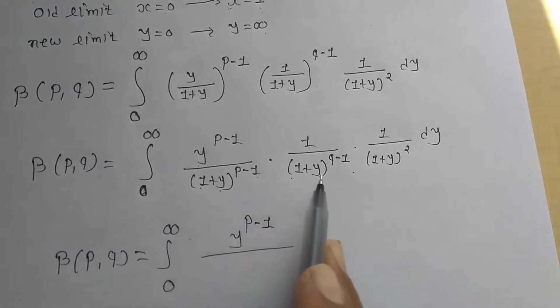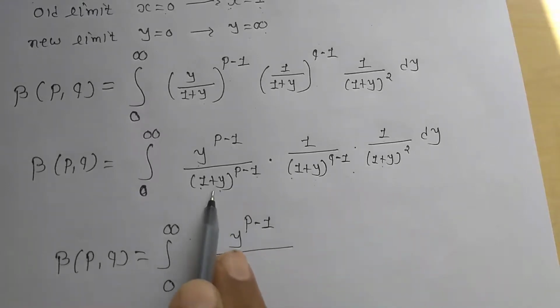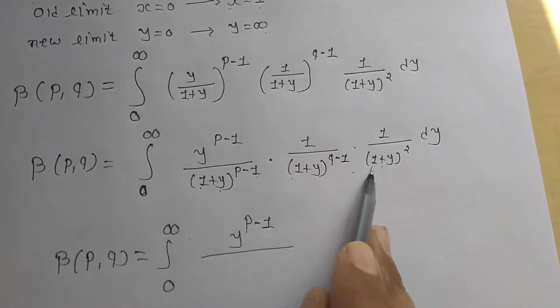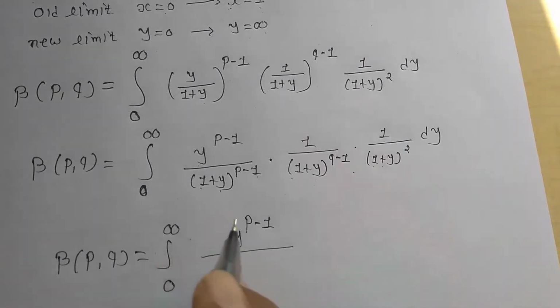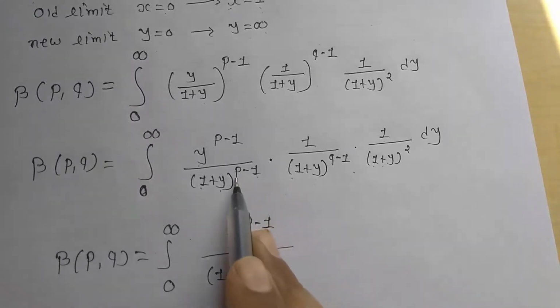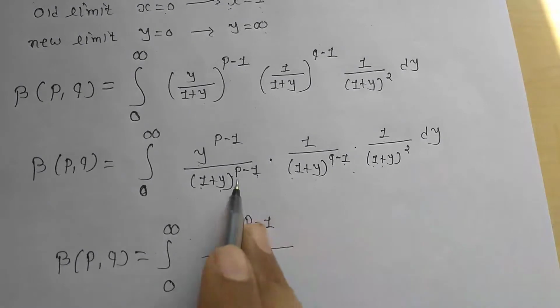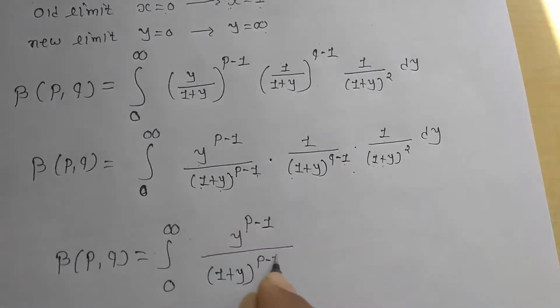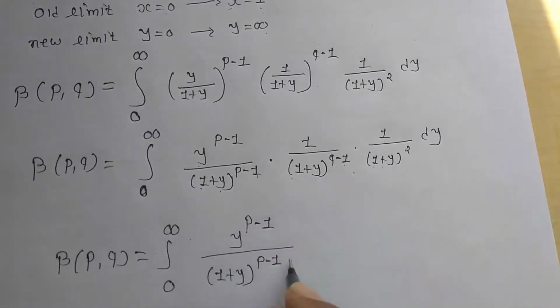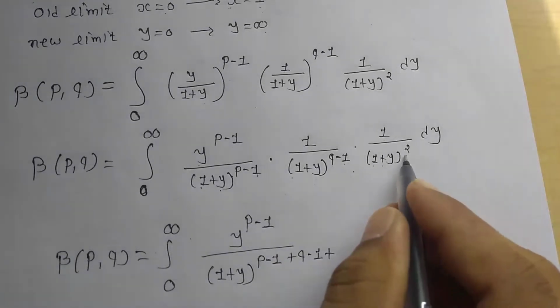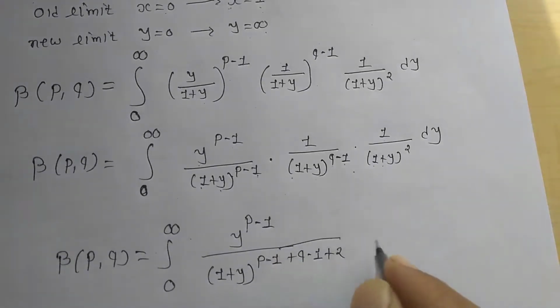Here the base is equal. If your base is equal, then take the sum of power. Finally, 1 plus y. Sum of power: this is p minus 1, q minus 1, 2. This is p minus 1 plus second power q minus 1 plus 2, dy.